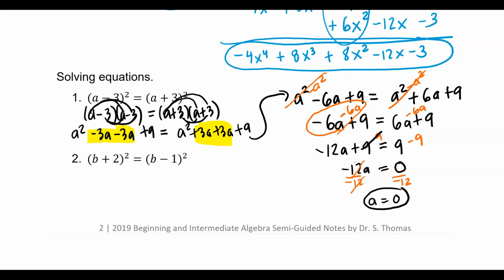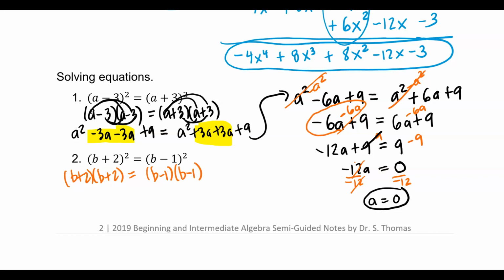You can't simply do some shortcut method and that shortcut method never works, okay? You have to write it twice and FOIL. So for example, we need to write (b + 2) times (b + 2) on the left side of this equal sign, and on the right side we need to write (b - 1) times (b - 1).